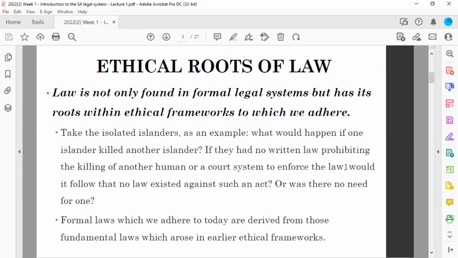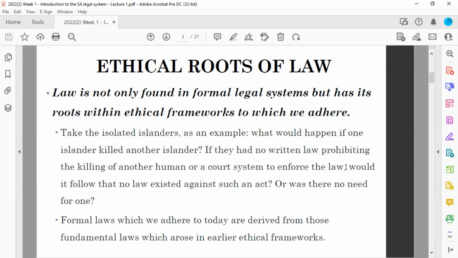And those of you who have watched those movies, The Purge, that is exactly what happens when there are no rules to govern society. If there are no rules, people do whatever they want, and basically it comes down to the strongest, the most vicious, the craziest person. He will just kill everyone, take whatever he wants and do whatever he wants. So the law plays a very, very important role.